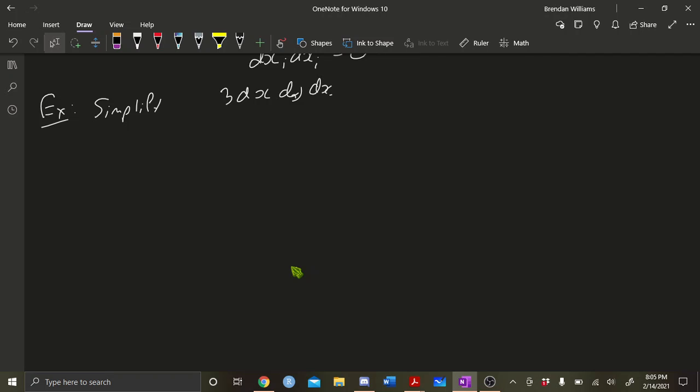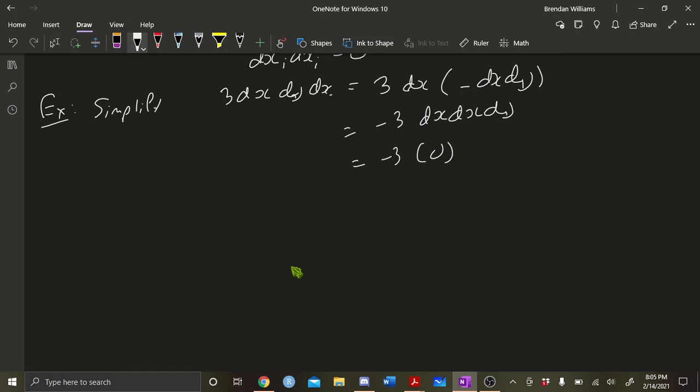So this is equal to 3 dx negative dx dy. By associativity, we can write that this is equal to negative 3 dx dx dy. And again, by associativity, dx dx is 0. So 3 times 0 dy, so this is just equal to 0.